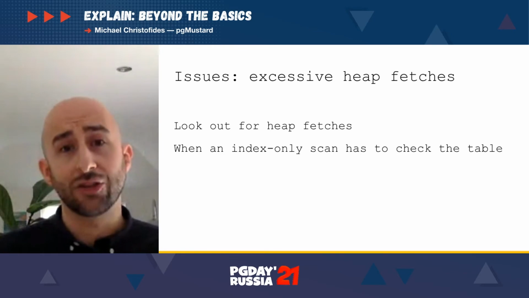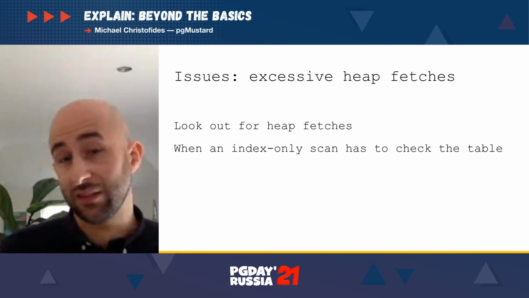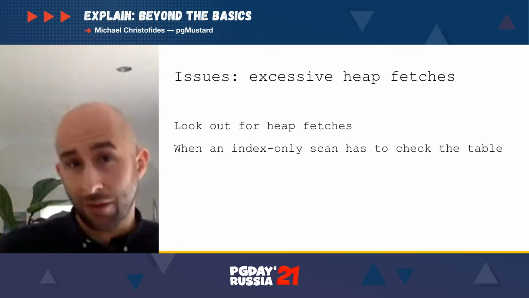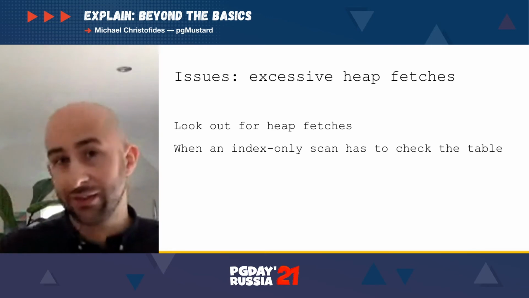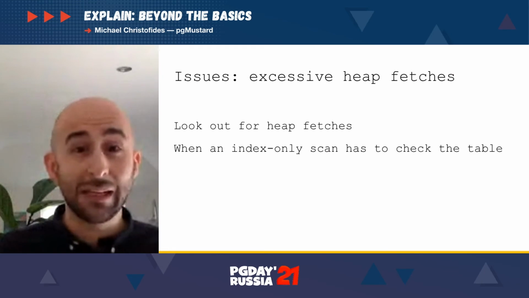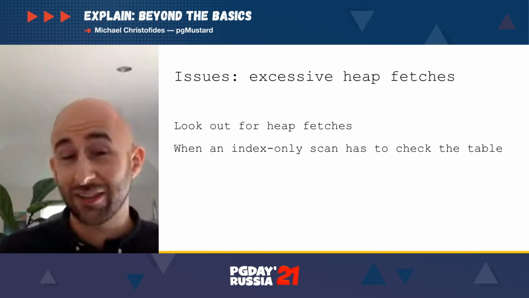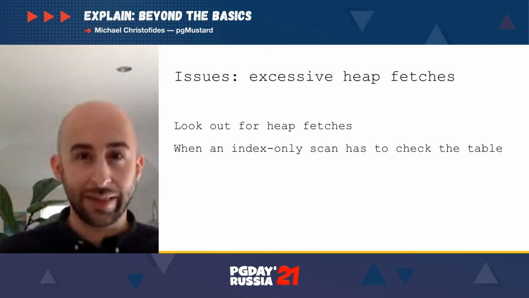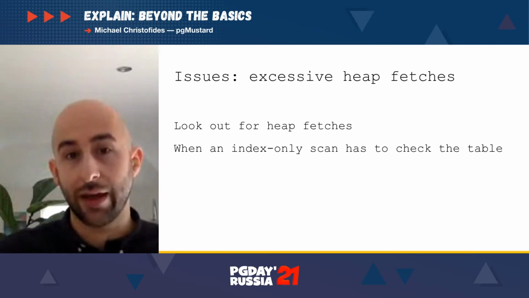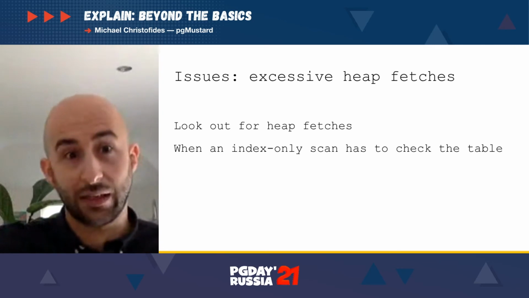But the short version is this is a performance issue, because instead of only having to check in the index for the data, it's had to go to the heap. Maybe if you're doing a lot of index-only scans and you're only getting 1 or 2 heap fetches, that's probably not an issue. But it's when they're a large proportion of the total that I'd recommend taking a look.